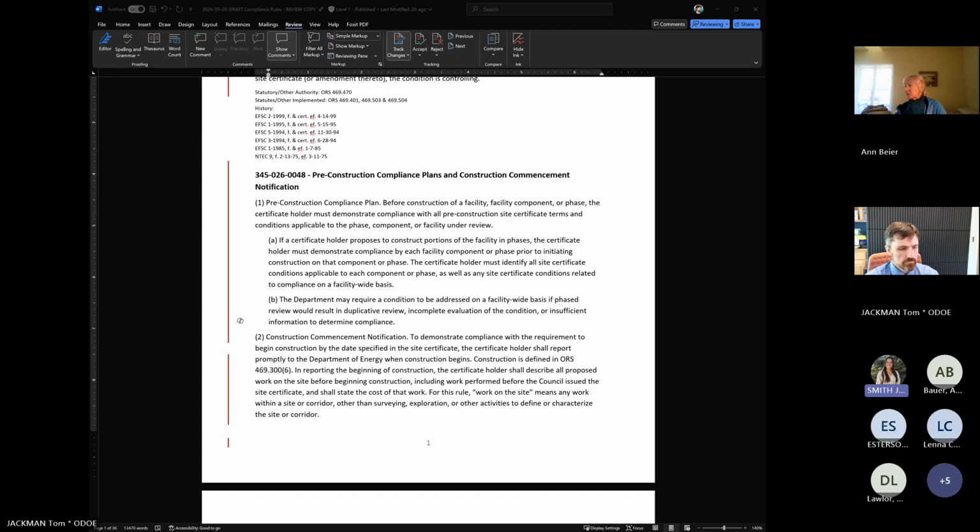And I guess we had questions about a department requiring a condition to be addressed on a facility-wide basis. Would that be disclosed upfront, is that the intention, or how would we walk through timing with phased mitigation? Just had a lot of questions about the implementation of that. That's a great question for Sarah, and you already unmuted yourself.